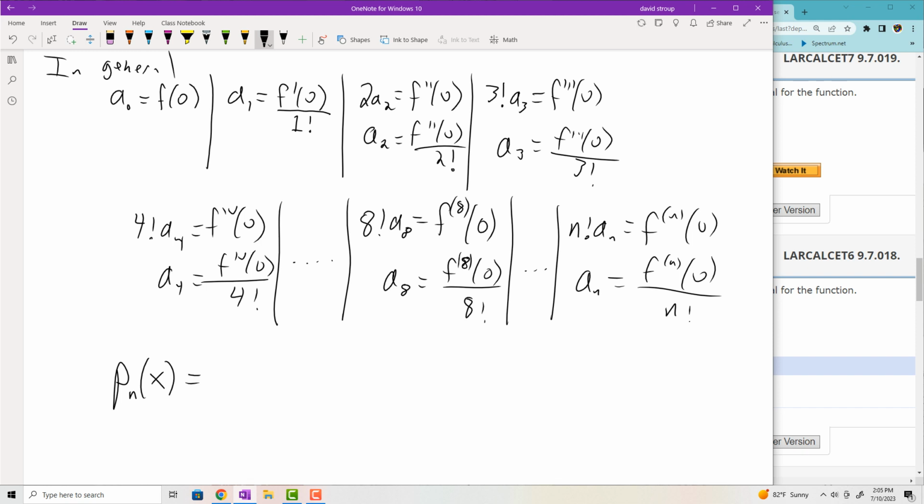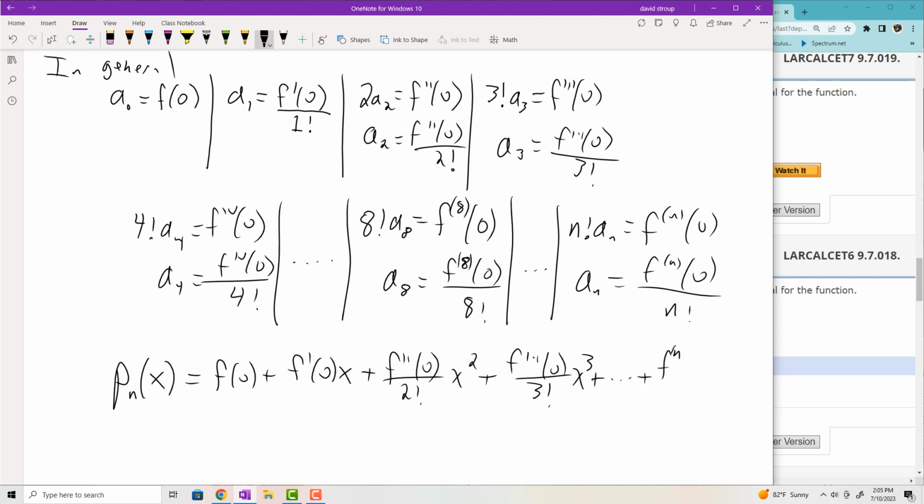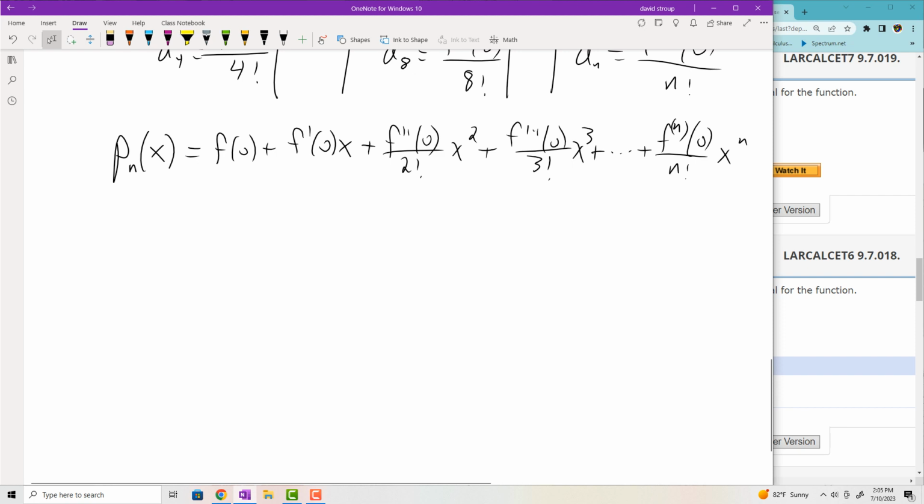The polynomial representation is just going to be f of 0 plus f prime of 0 x plus f double prime of 0 all over 2 factorial x squared plus f triple prime of 0 all over 3 factorial x cubed plus and so on, all the way up to whatever degree you're worried about. This thing right here is called the Maclaurin polynomial. So we'll write Maclaurin.